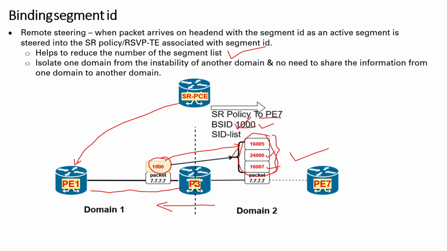As we are using that binding SID here, we don't need any information to propagate from domain 2 to domain 1. We just need the binding SID information here with the help of SR-PCE.